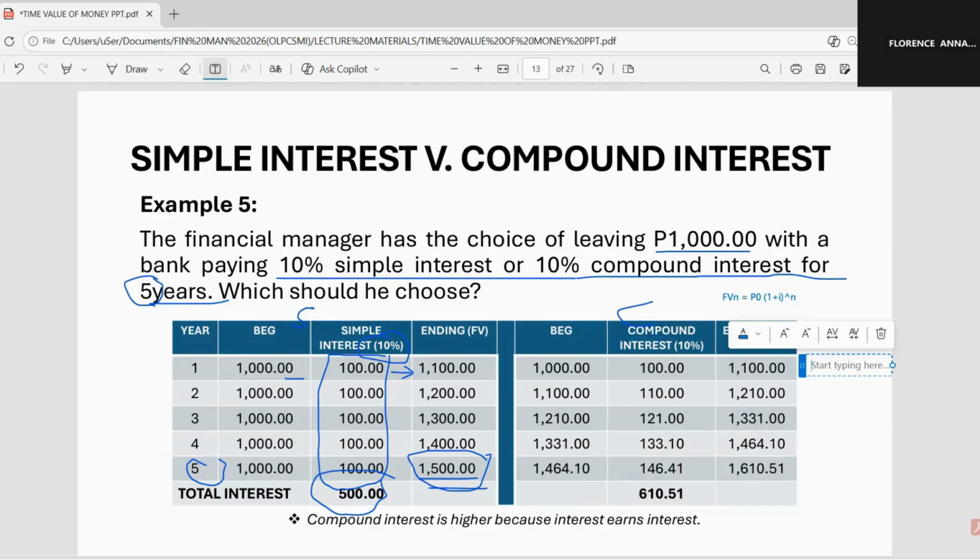So that is your 1.1 at period 1 times 1.1, you'll get 1.21 at period 2 times 1.1, you'll get 1.331 for period 3 times 1.1, you'll get 1.464 for period 4 times 1.1 again, and you'll get 1.610 for period 5.